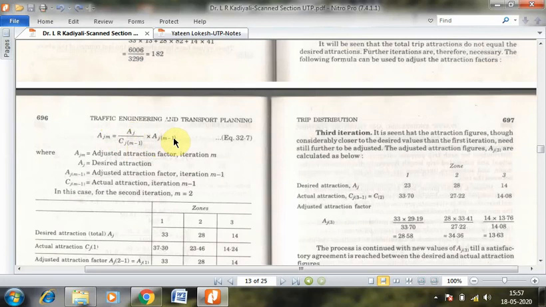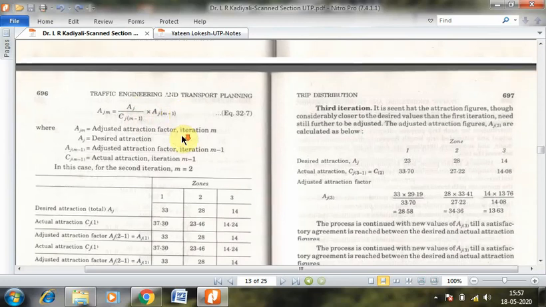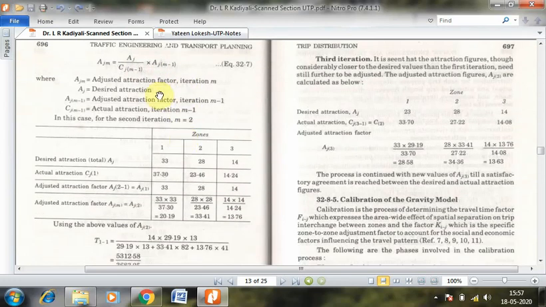Here Aj is the desired attraction, Cj m minus 1 is the actual or calculated attraction in the previous iteration, and Aj m minus 1 is the adjusted attraction factor for iteration m minus 1, that is the previous step. Once you have done this, using this equation you will be calculating the adjusted attraction factor.